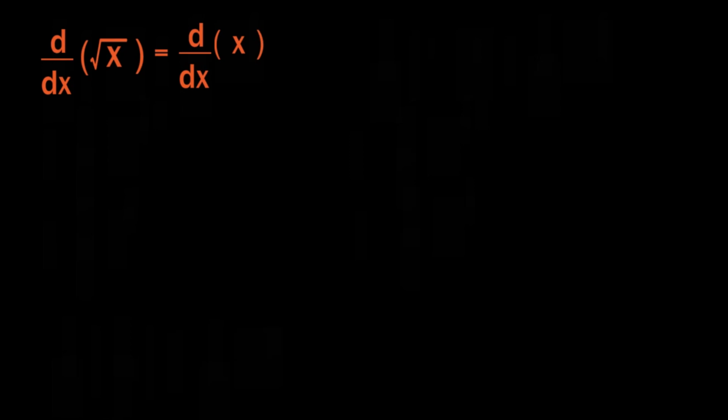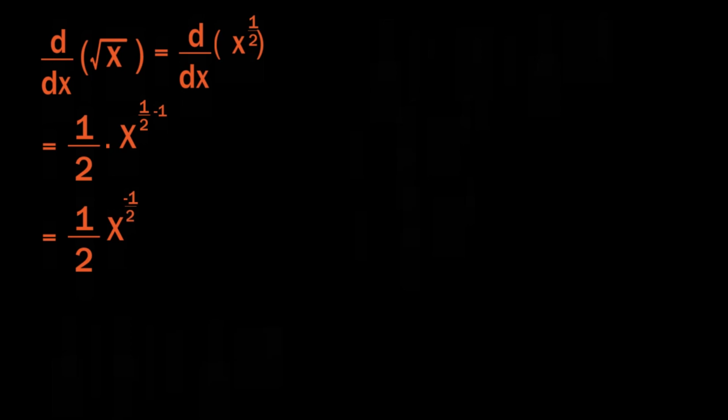So square root is actually x to the power of 1 over 2. So we use the power rule. So we use the power, bring in front. So half multiply with x, half minus 1. So we will get half x to the power of negative 1 over 2.